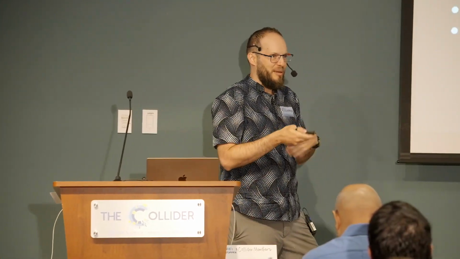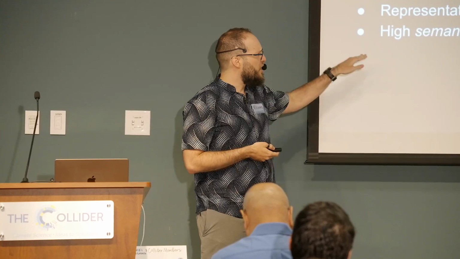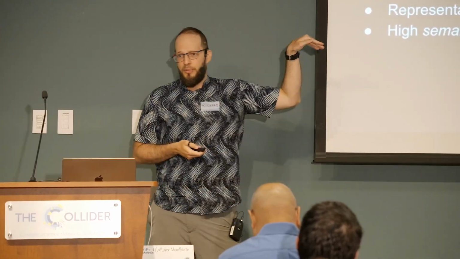And finally, the properties that you want in your training data set is that you want it to be representative of your real world scenarios, but at the same time, not too boring. You want it to be very diverse. You want a lot of semantic and perceptual variety in your training data.